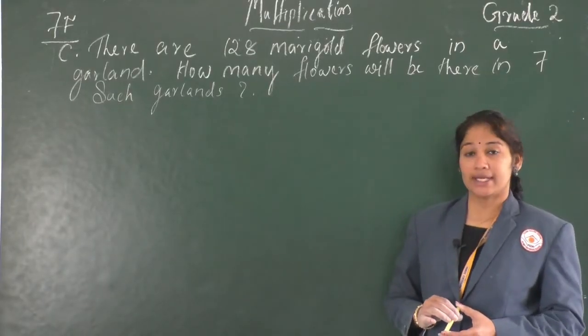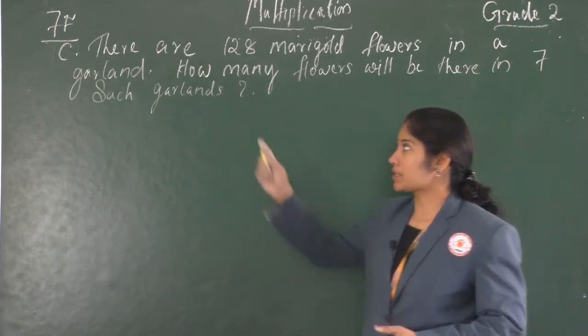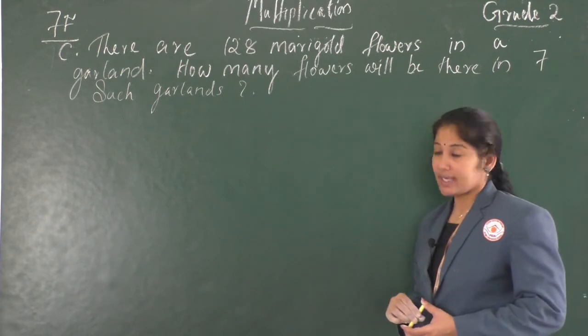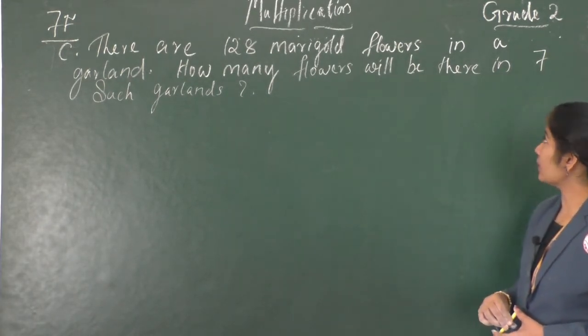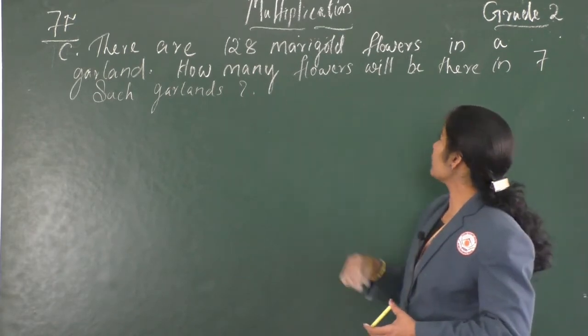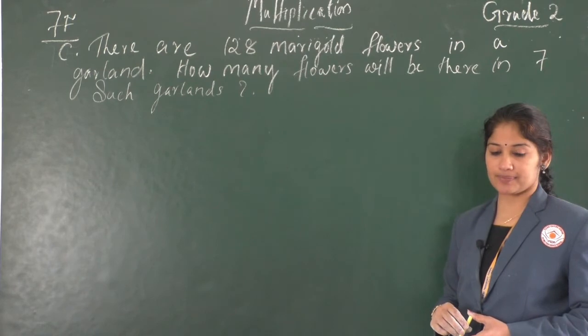Children, we'll take another example from the textbook, exercise 7F, question number C. There are 128 marigold flowers in a garland. How many flowers will be there in 7 such garlands?